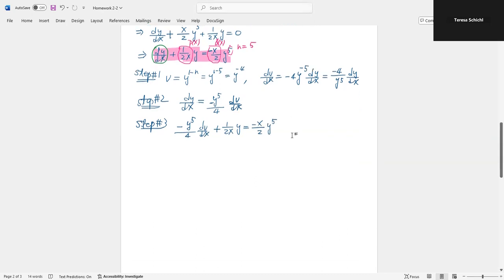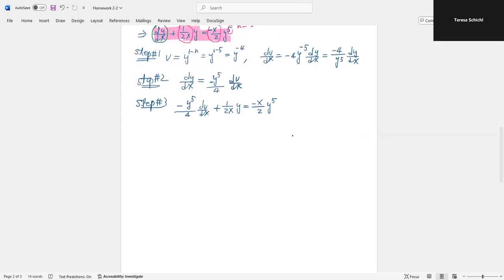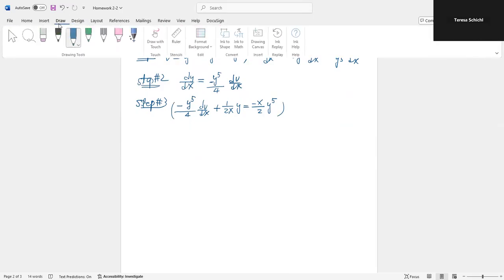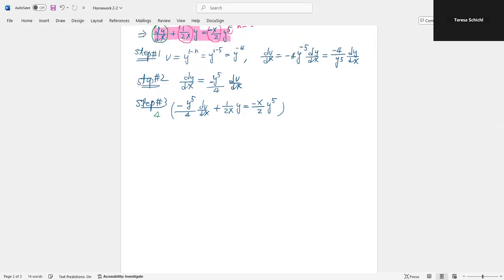All right, so then I want to change it to a linear ordinary differential equation for v. So what I need to do is times both sides by negative 4 and y to the fifth.